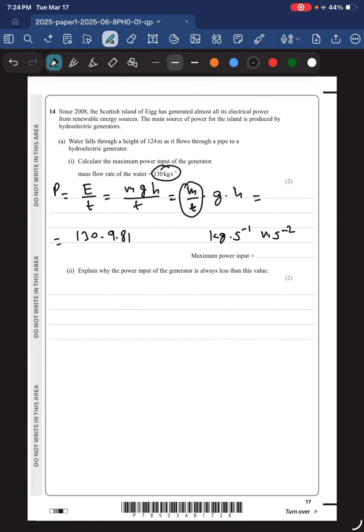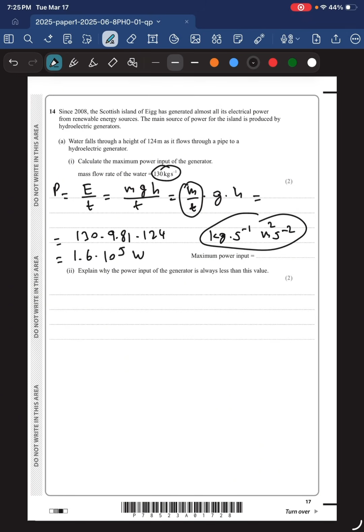And then we also have height, which is 124 meters. Let's make these meters squared. Okay, so kilograms times meters squared over seconds squared is joules. Joules over seconds is watts. So this works out to 1.6 times 10 to the 5 watts.